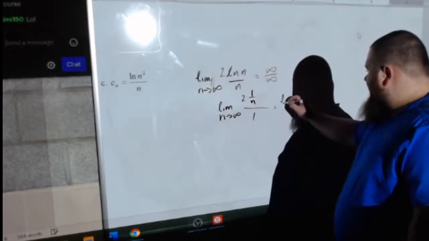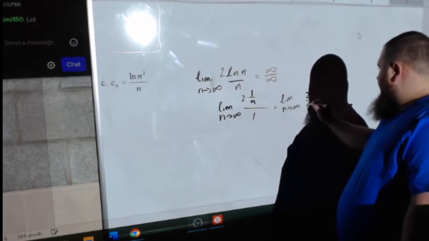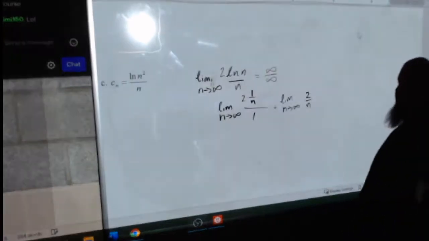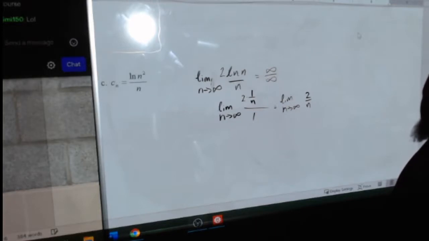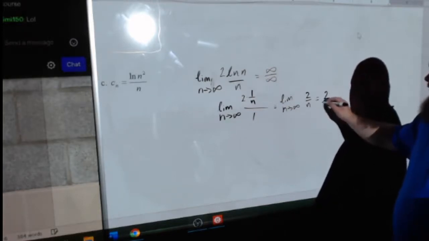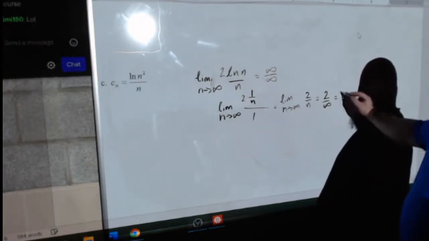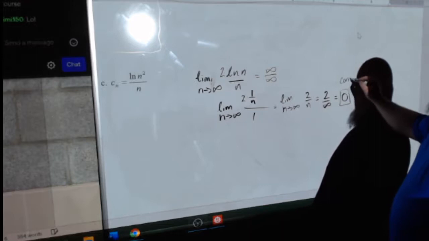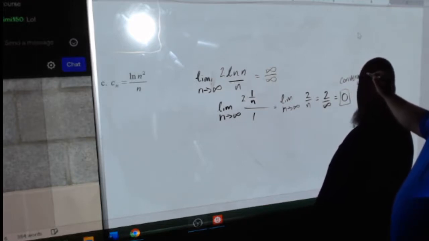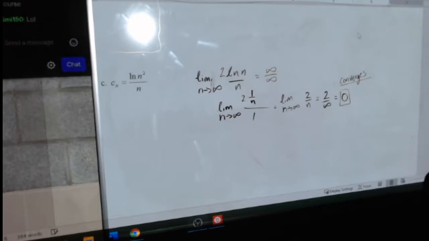So this is just the limit as n approaches infinity of 2 over n. If we directly substitute, this is 0. So this also converges, which I realize I haven't written for the last two, but I should have, and this one converges to 0.